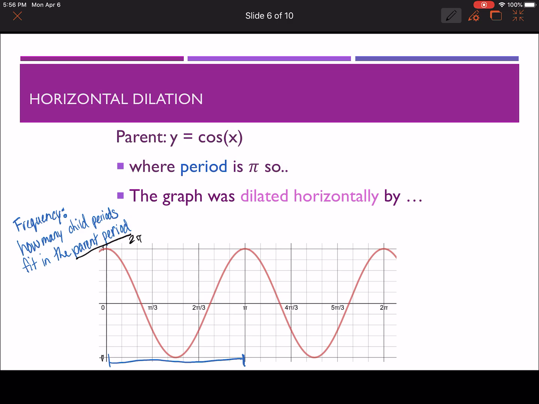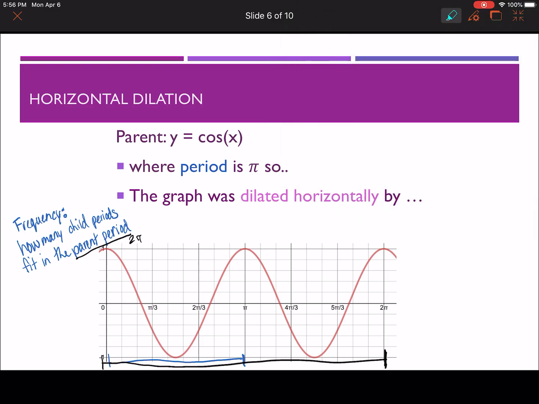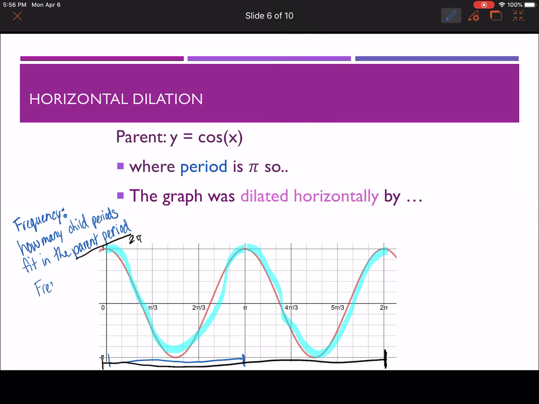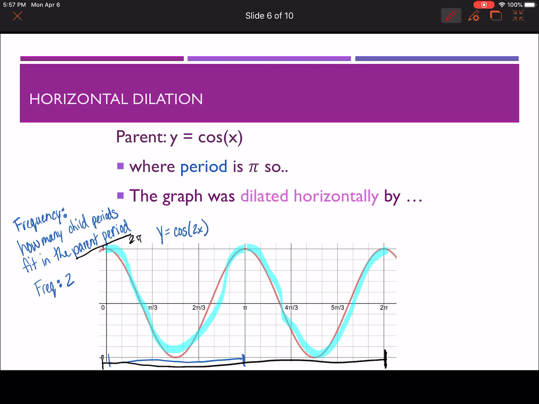So in this distance right here, 0 to 2 pi, how many child periods do we get to see? Well, let's see. We get 1, 2 full periods that fit into there. So our frequency in this case is equal to 2, which tells me exactly what I dilated by, which tells me that my equation is y is equal to cosine of 2x.